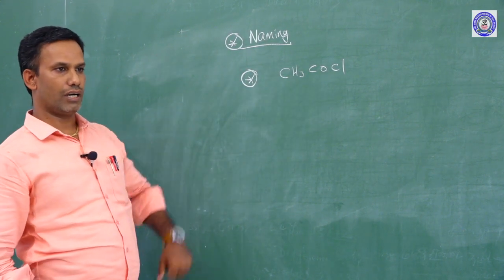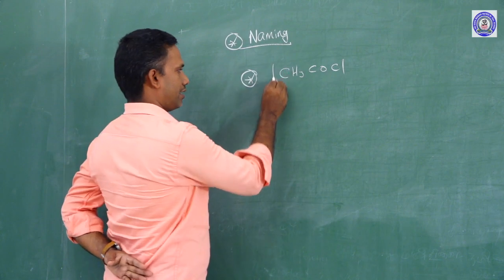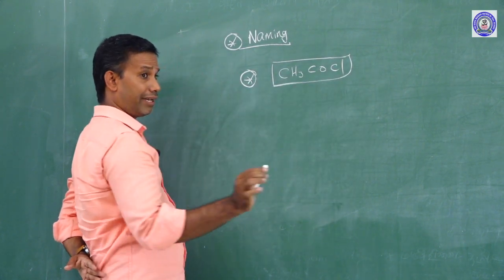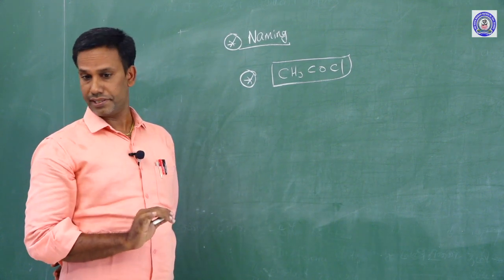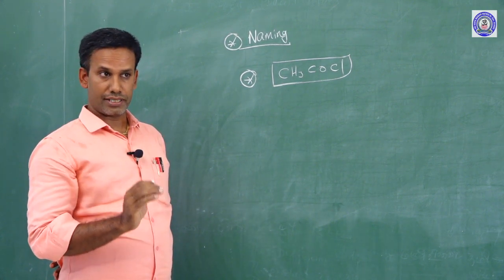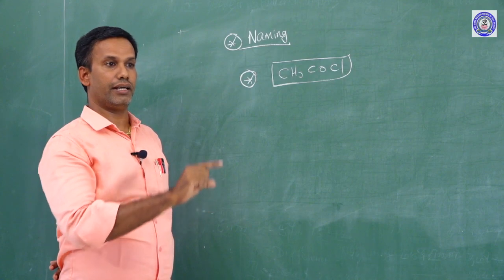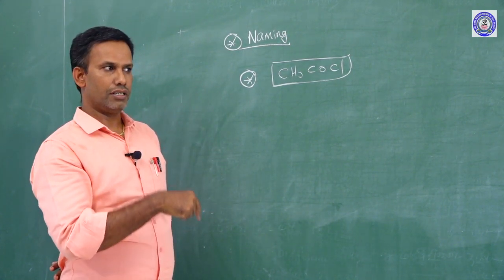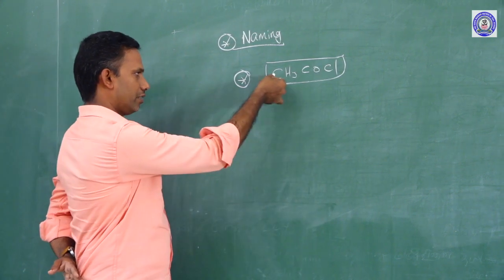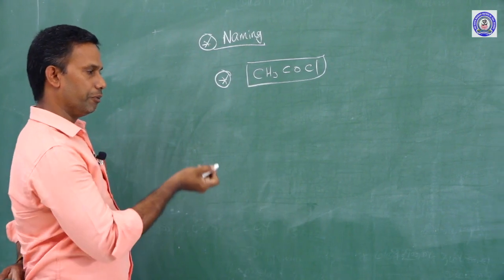Let us see how to name the acid chloride. For the common name there are no rules and regulations; you have to memorize it. Because of this big problem, IUPAC nomenclature gives us the rules and regulations. So do not bother about the common name. Let us move on to how to name by IUPAC.